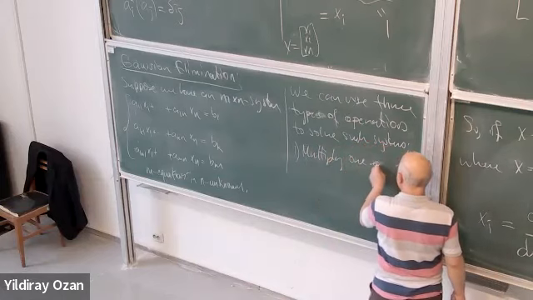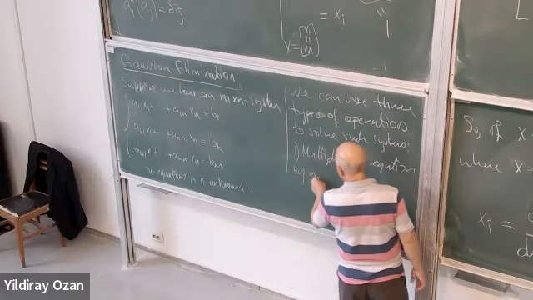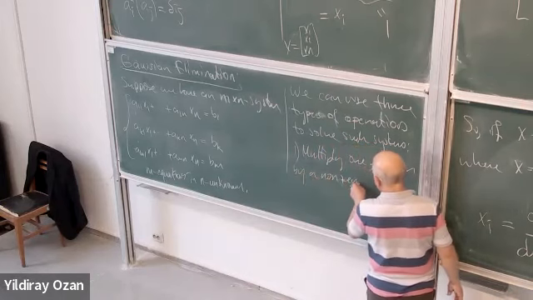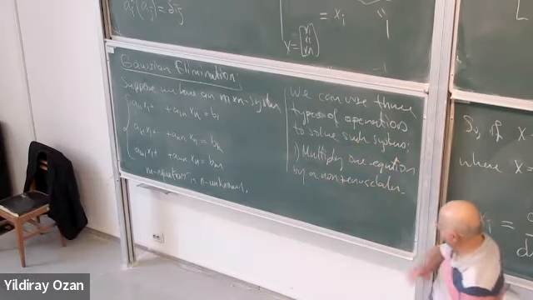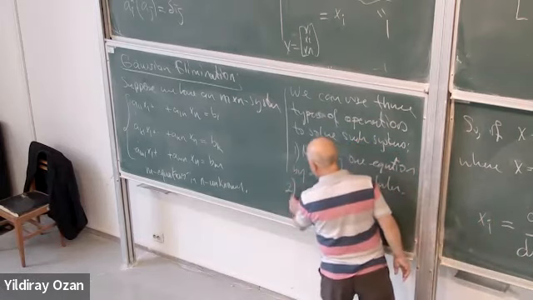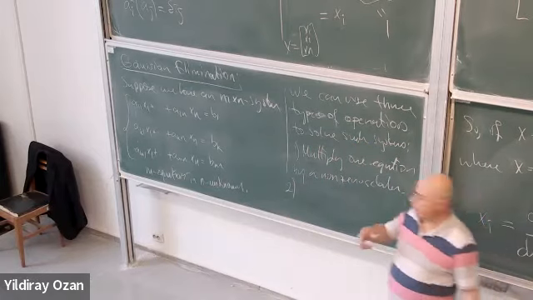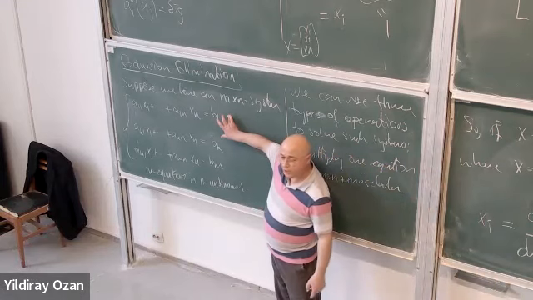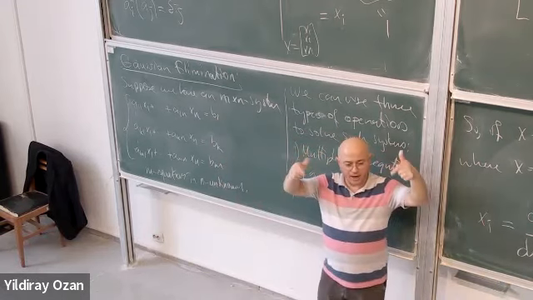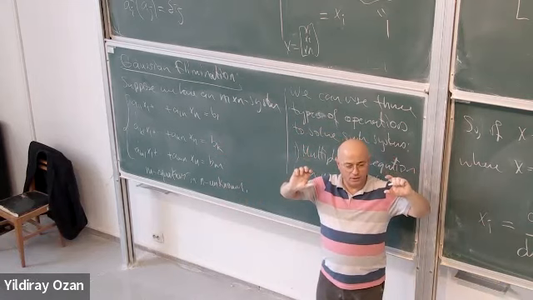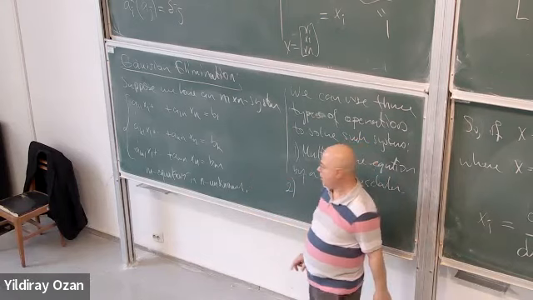So first operation is multiply one equation by a non-zero scalar. Second, we can multiply one equation and add to another one. I can just add two equations and replace one of them.